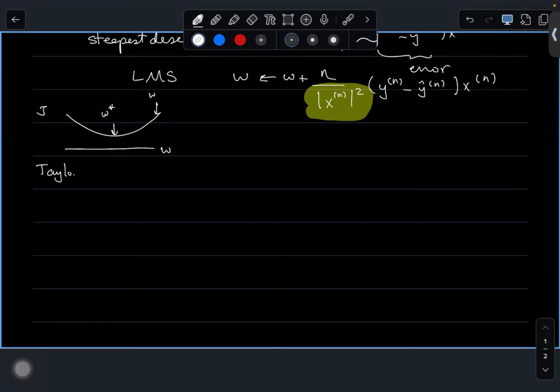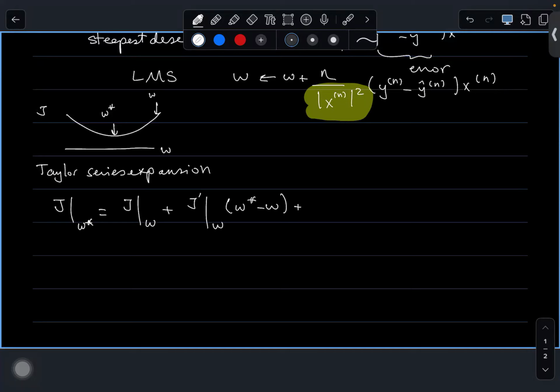So Taylor series expansion. Let's take our cost function J, and we suppose we evaluate it at W star. Using Taylor series expansion, I can say, well, let's evaluate J at W plus the derivative of J, let's call that J prime, dJ dW, evaluated at W, and that would be multiplied by W star minus W. So that's the first derivative of my cost multiplied by the distance from W star to where I am.